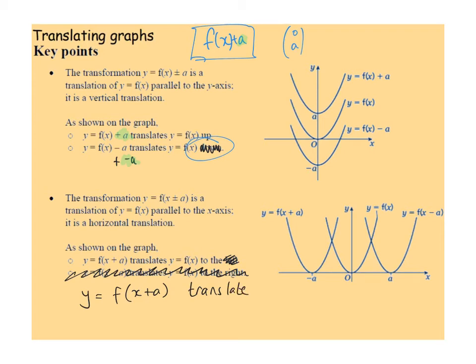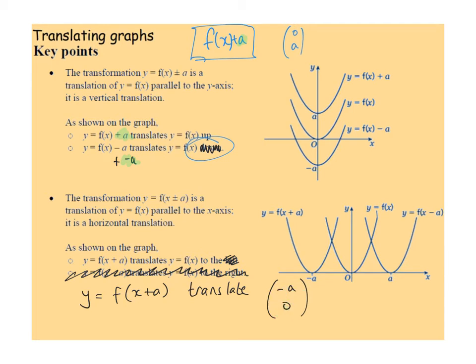And in fact, it might even be better, rather than to think of it as left and right, just to think of it in terms of the vector, but this time the vector would be (-a, 0). So that means you're always moving to the right by the amount -a and up 0.